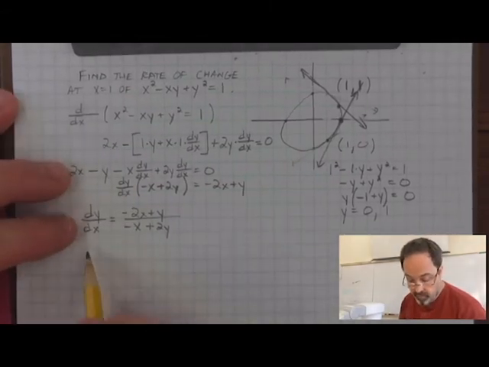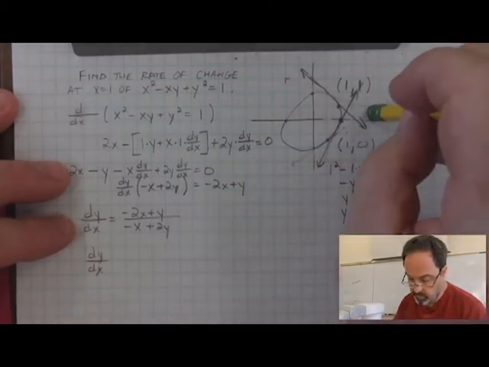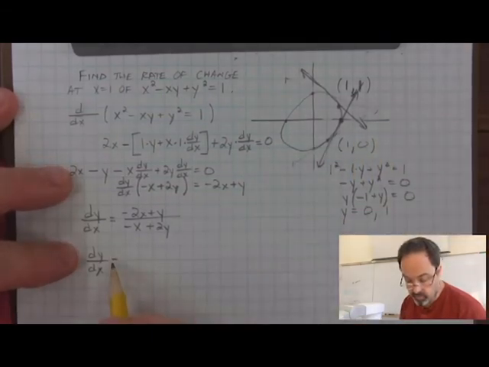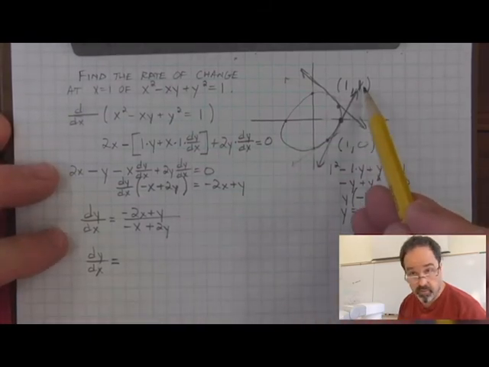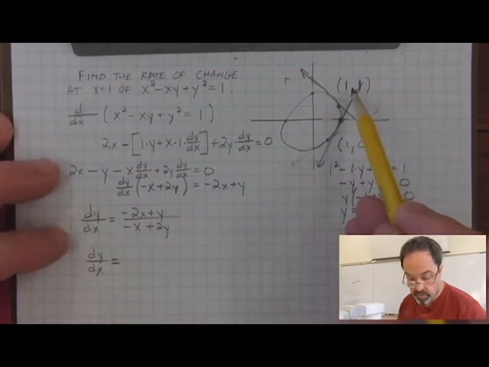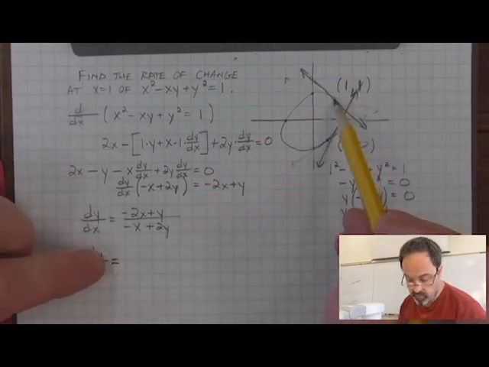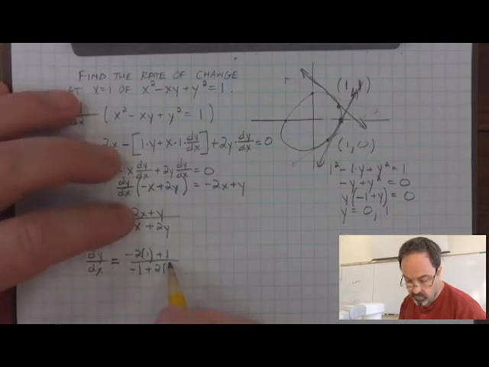We're going to finish calculating dy over dx, the slopes of these two tangent lines, which has been adjusted in my present visual presentation, and they will be equal to two calculations, one for each coordinate. I'm going to do the coordinate at 1, 1 first. So the slope of this tangent line will be negative 2 times 1 plus 1 over negative 1 plus 2 times 1.